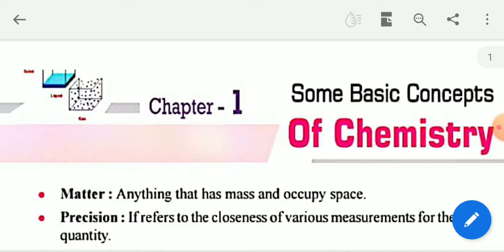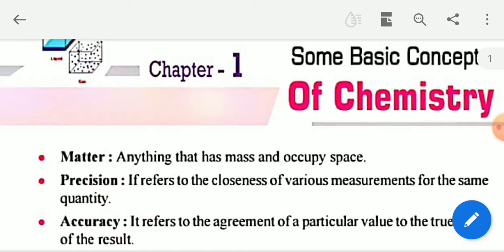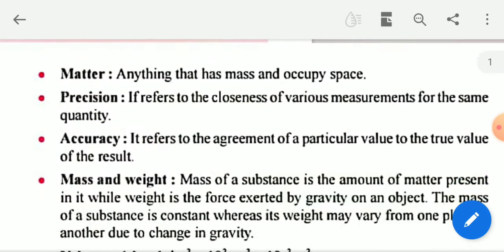In this chapter, units of different physical quantities are also given, and what is significant figure, what is the relation between different scales of temperature. All these points are given, but these are not important for class 11.